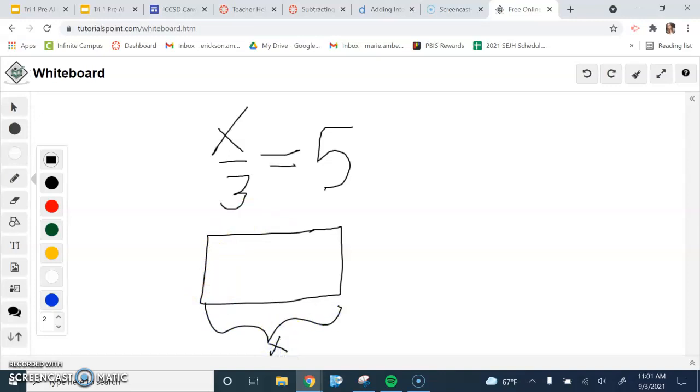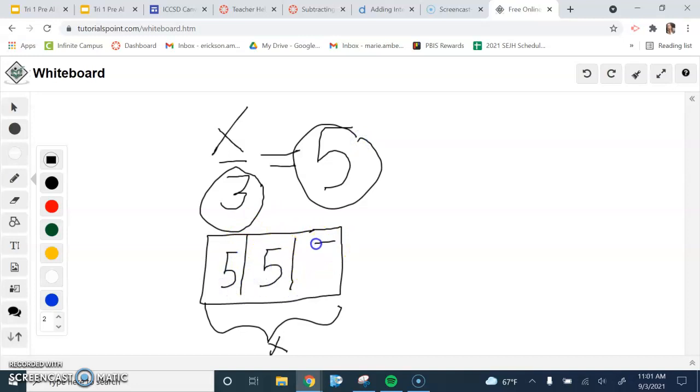So this one's a little bit different. Instead of the x going into the boxes, the whole box is going to be worth x. And it is saying that we are going to have 3 groups of 5. So 1, 2, 3. We have 3 groups of 5, which added together would get us 15. So if all those together is 15, that's what our x value is.